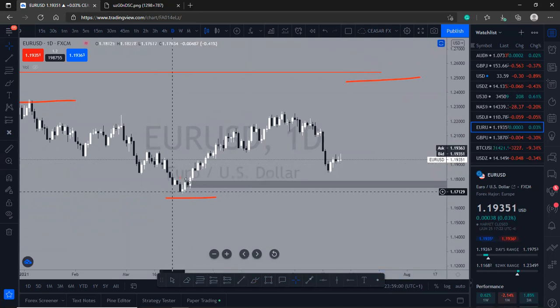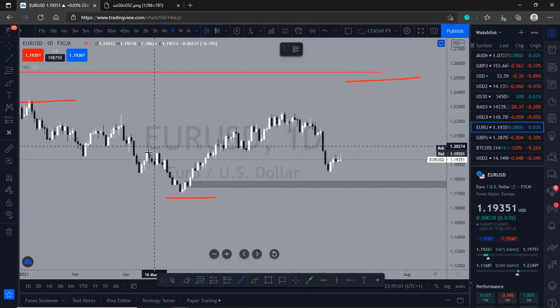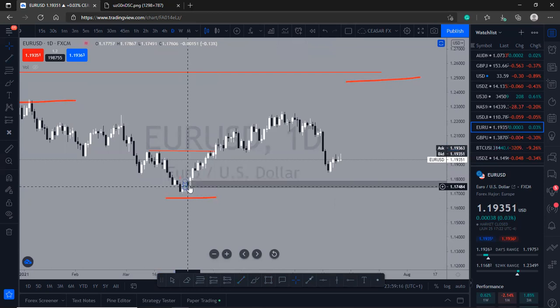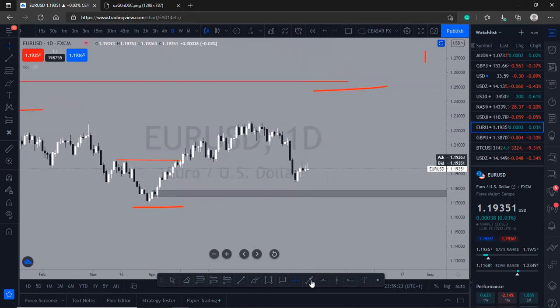This last down candlestick before the up move. Because this order block was the cause of the break of structure. It was the reason why the price broke the structure, because of this last down candle before the push to the upside. So the price still has to come back here before we see the big push to the upside.